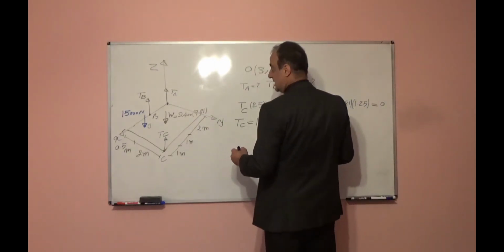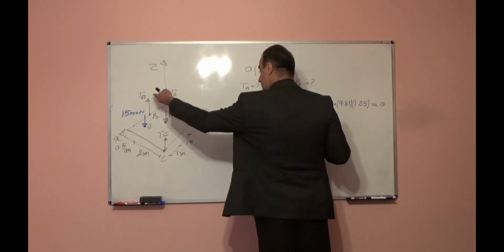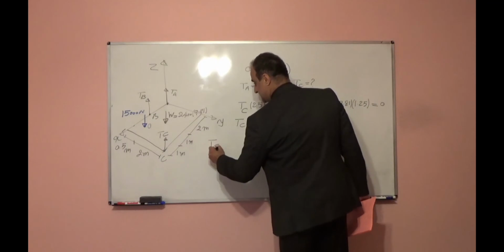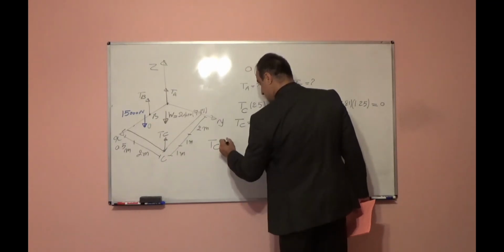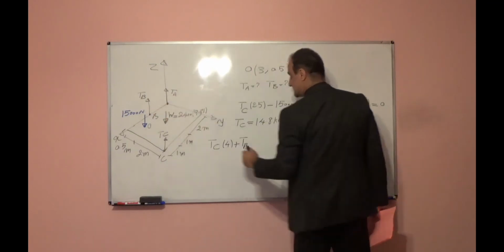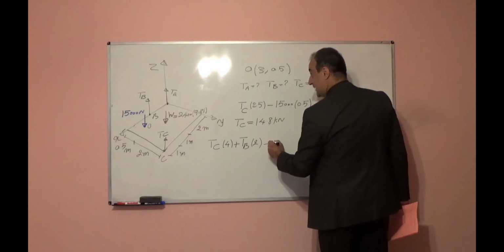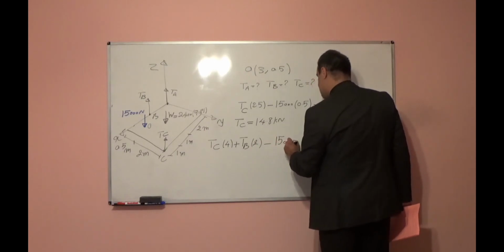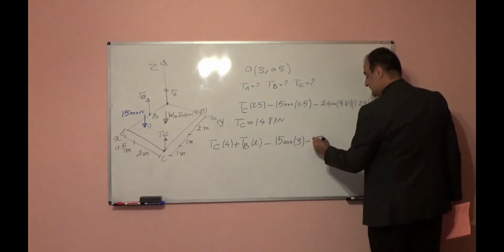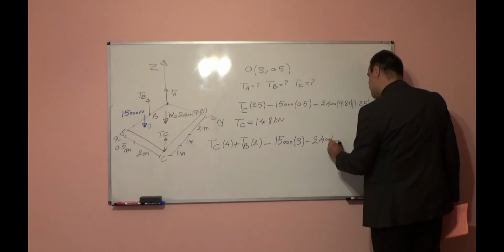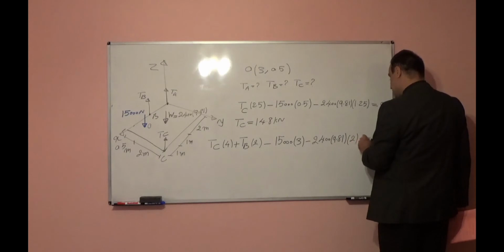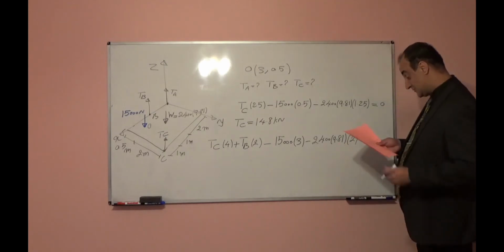Next, I can write equilibrium of moment with respect to the y-axis. In that case, it will be TC times distance 4 plus TB times distance 2 meters minus 15,000 times distance 3 minus weight, mass times gravity, times distance 2 is equal to 0.